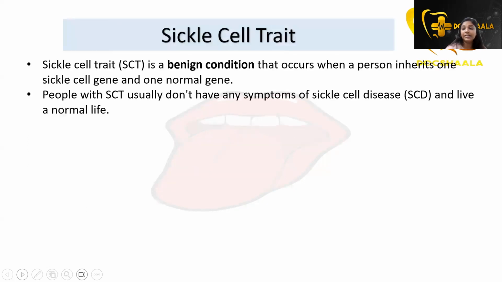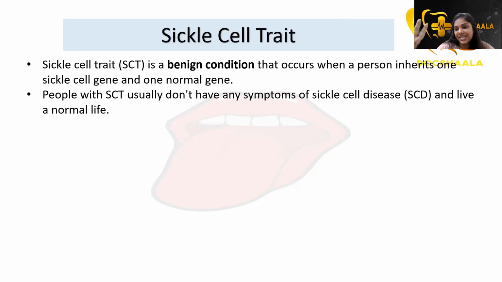Then sickle cell trait. What is a sickle cell trait? We have discussed it in the inheritance, right? Sickle cell trait is an individual who is expressing a benign condition, when the individual is acquiring only one sickle cell gene and one normal gene.